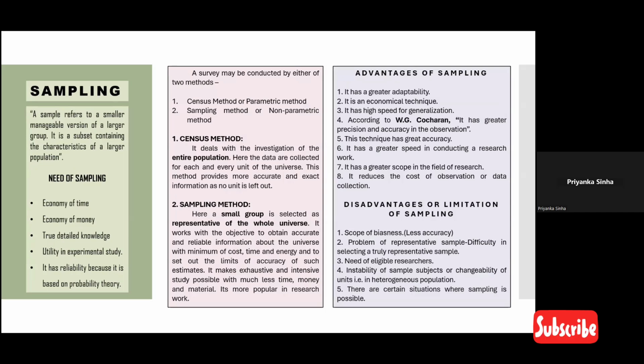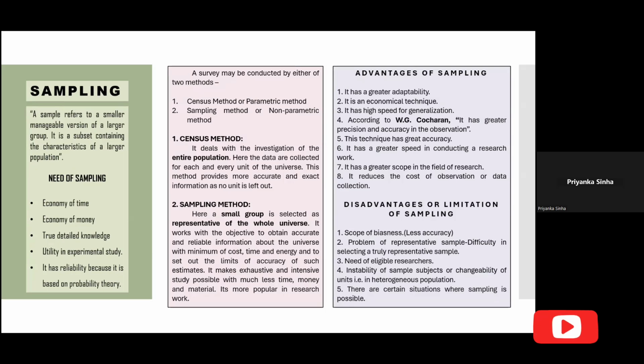Sampling. We need sampling for economy of time, economy of money, true detailed knowledge, and utility in experimental studies, and it is reliable because it is based on probability theory. We collect samples from a population by two methods: the census method, or the sampling method.